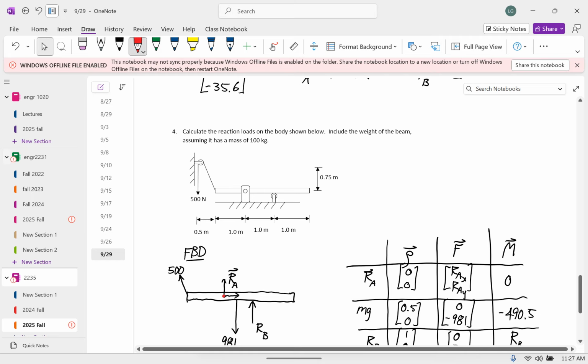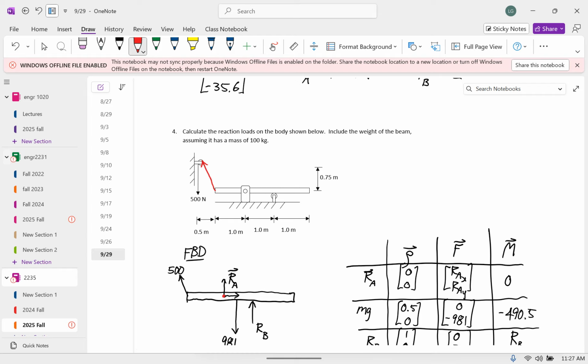That is this vector. Sure. Any other questions about that one?